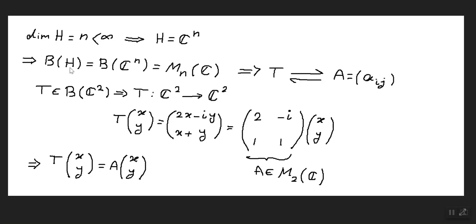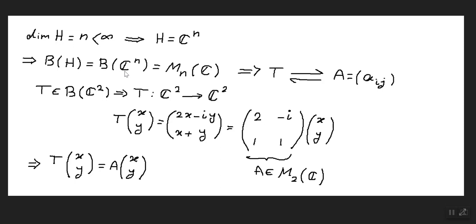So when we say B(H), which is equal to B(C^n), it means the bounded linear operators on C^n, this is actually equal to this set. What is this set M_n(C)? It means the set of all n by n matrices with complex entries.